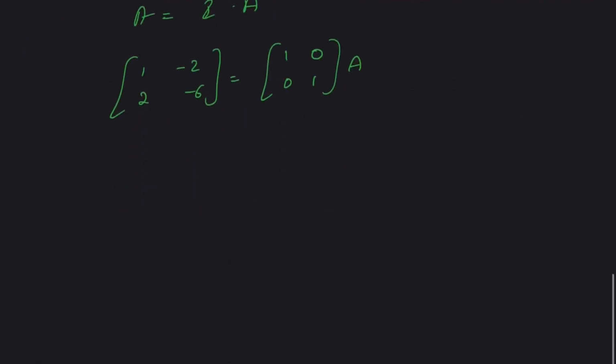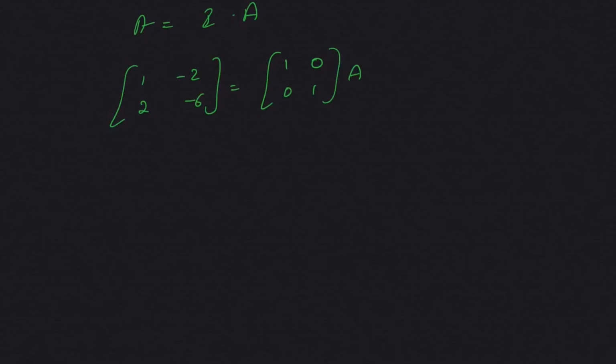We apply transformations to convert A into the identity matrix, and the same operations will be applied to I also, until you get an identity matrix.